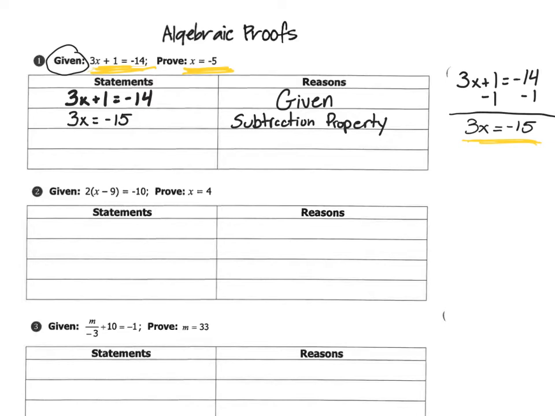Now the next step in solving that equation over there on the right would be to do what? To get x by itself, we have to divide by, good. So when we get that, we get x equals -5, which if you look, is this up here.